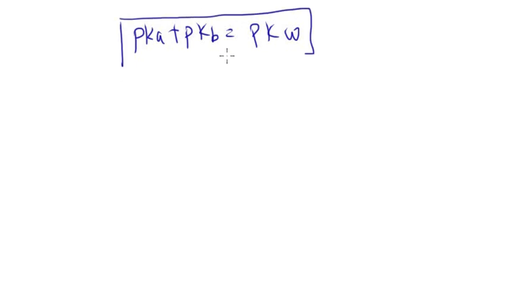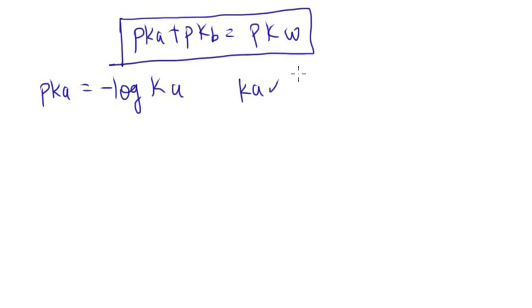If we take the logarithm on both sides, then pKa plus pKb equals pKw. That was the relation we were trying to derive. Now, pKa equals negative log of Ka, so Ka is inversely proportional to pKa. Whenever Ka increases, pKa decreases, and that is called a strong acid.